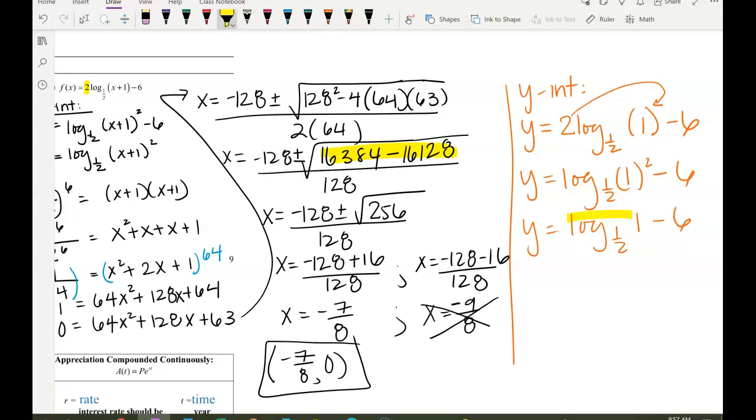Even just this alone. If you type in log of 1, y'all, hit enter, what did the calculator say? 0. Students, log base anything of 1 is always 0.